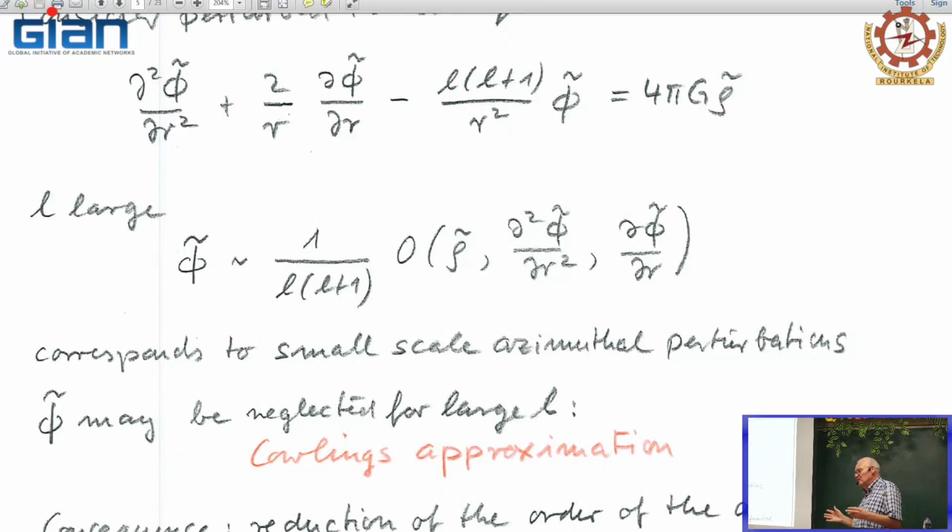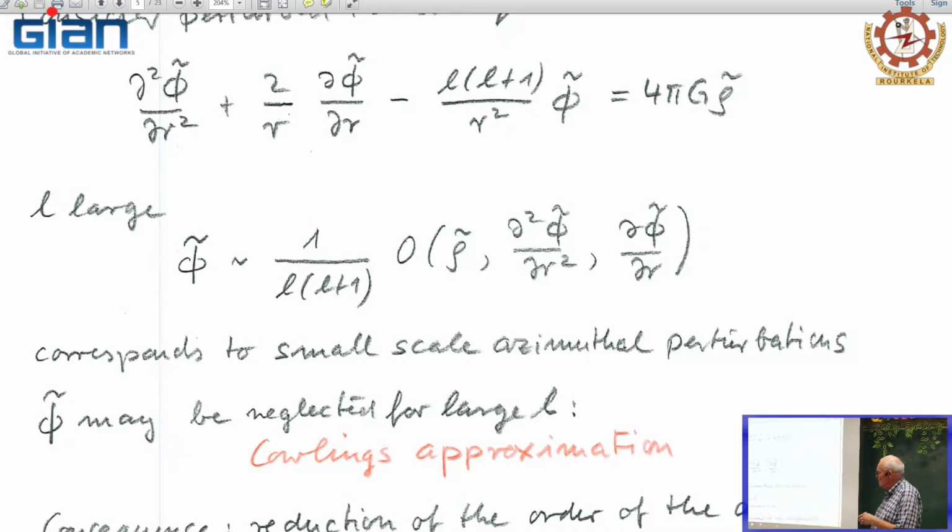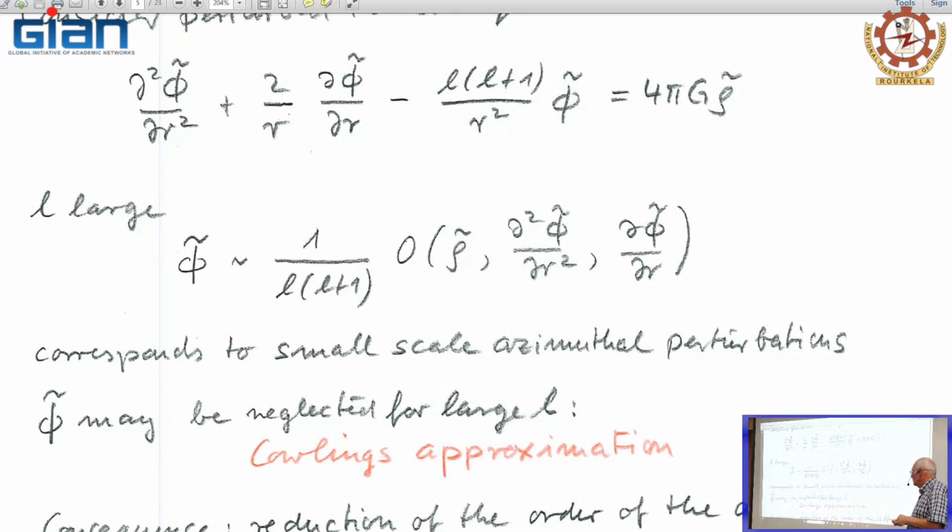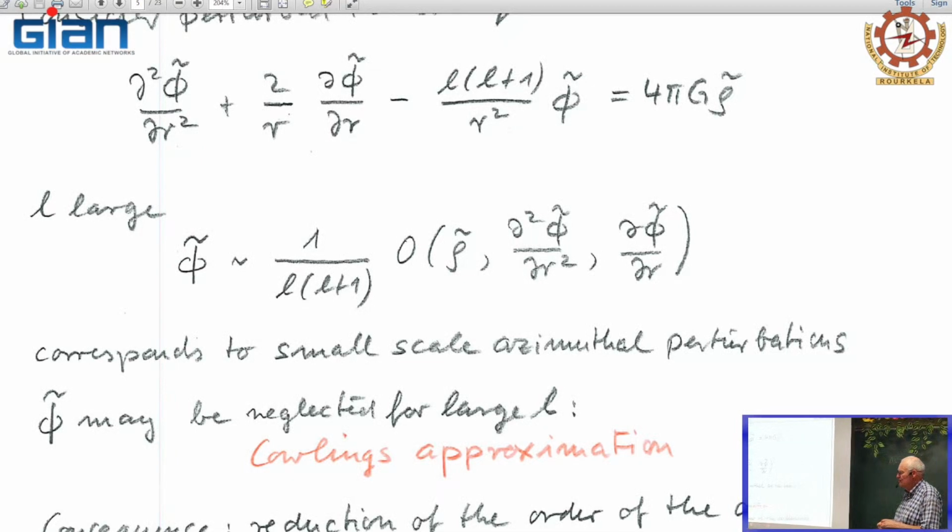Actually, the Cowling approximation does not make a big physical difference because it's simply a quantitative change of frequency, not a qualitative change. It does not introduce any severe approximation, and also it does not lead to very big changes in the spectrum of the star.